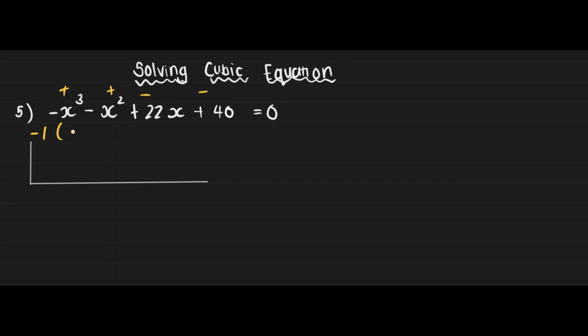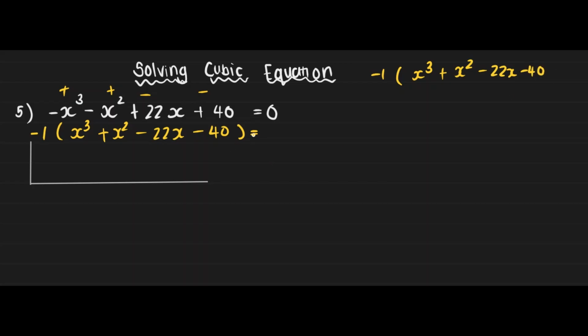So let's write them. It's going to be x cubed plus x squared minus 22x minus 40 is equal to 0. Then if we have negative 1, open bracket, x cubed plus x squared, right, minus 22x minus 40, close bracket, this is equal to 0.